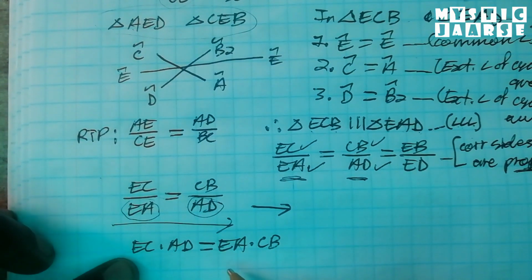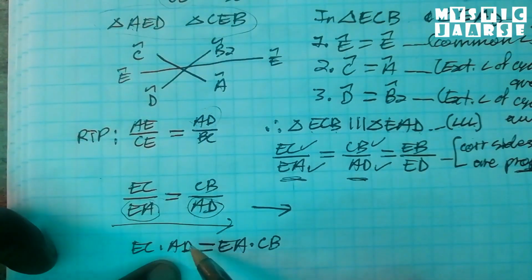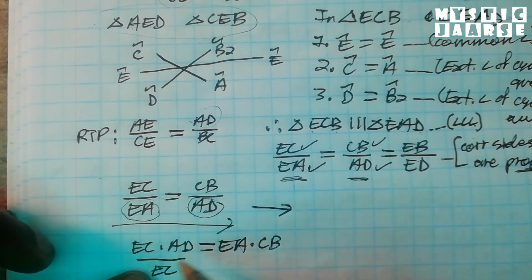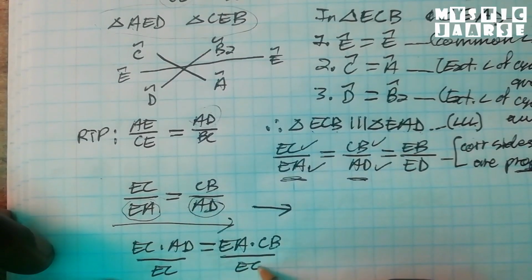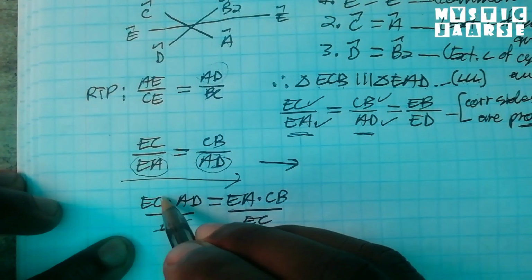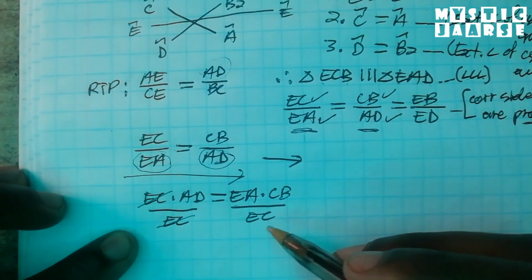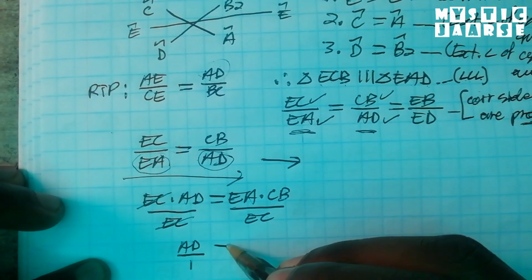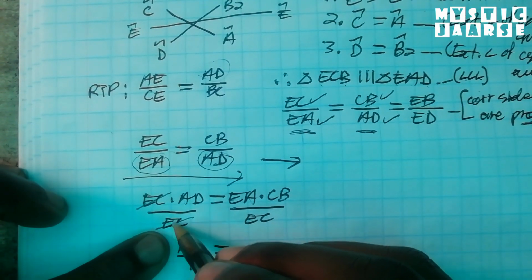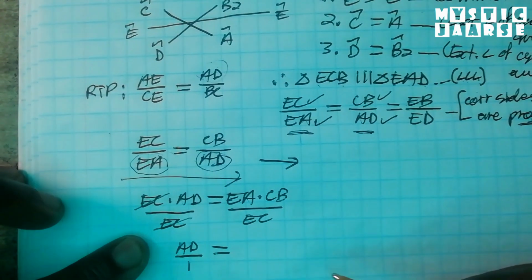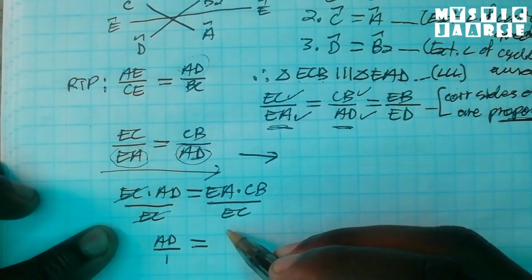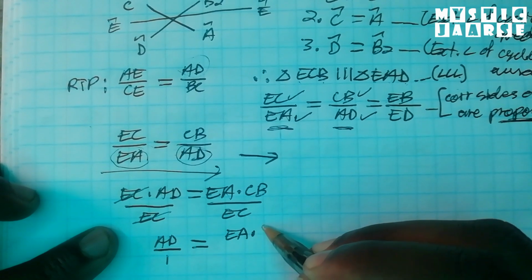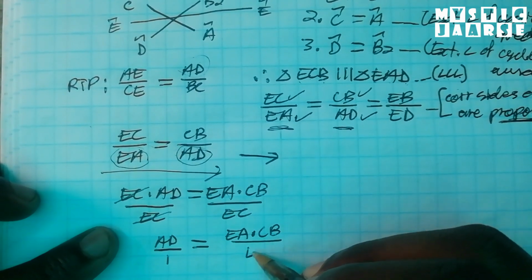Now we need to make AD a numerator, so we divide by EC to get rid of EC. So this EC cancels with this EC. We have AD divided by 1, because we will be left with 1 as our denominator, is equal to EA multiplied by CB divided by EC.